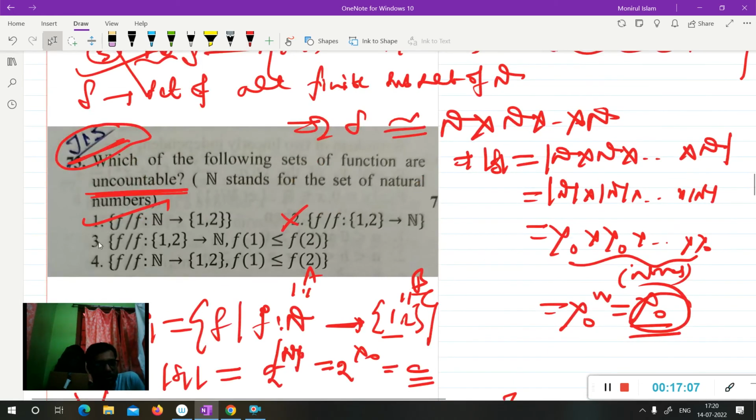Now you see option 3. This set is a subset of the previous set, because there is a restriction f(1) less than f(2).